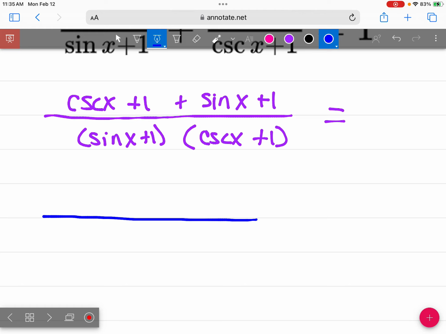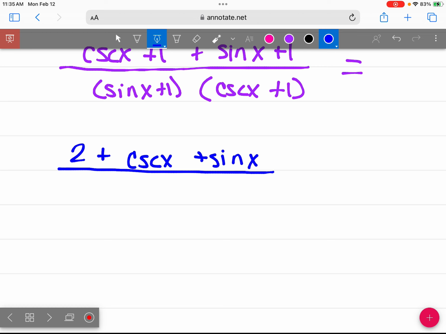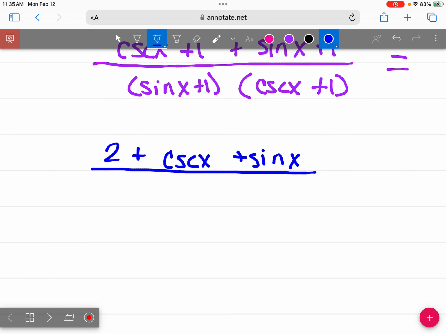So when we do that, we're going to have 2 plus cosecant x plus sine of x. And in the denominator, we wind up with sine of x times cosecant of x. And if we think back to what cosecant is, 1 over sine.